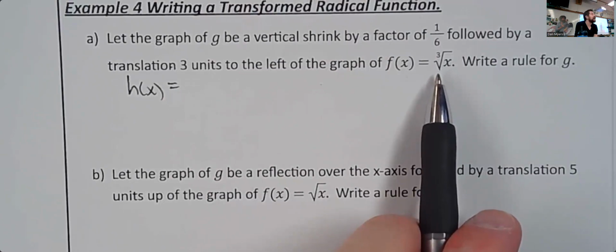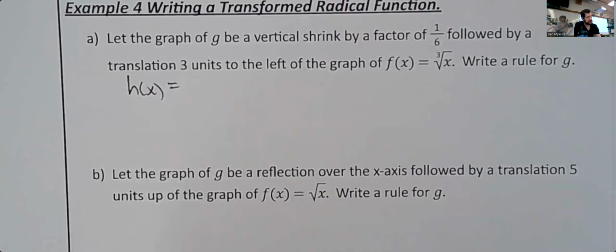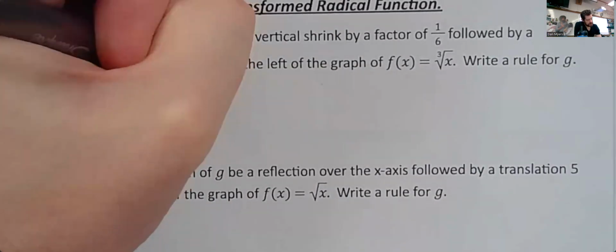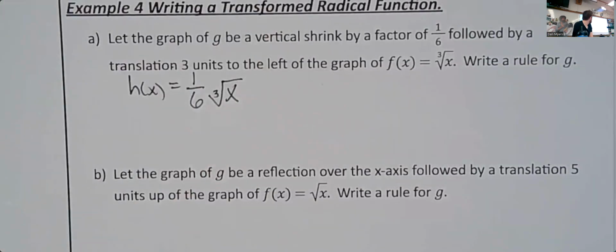What's that? If it was a horizontal shrink, yes. Yeah. So vertical is going to happen outside the group. So it'd be 1/6 times the cube root of x. All right.